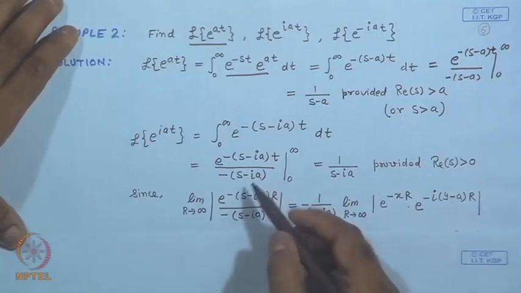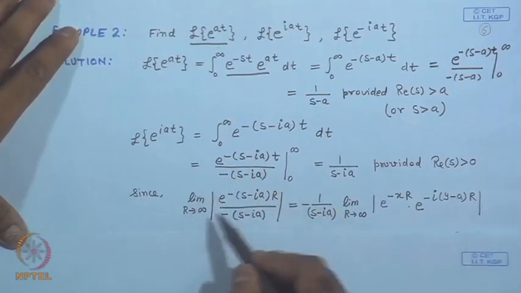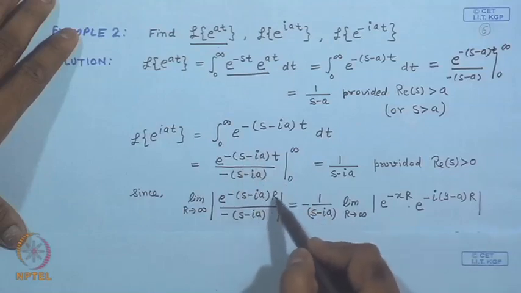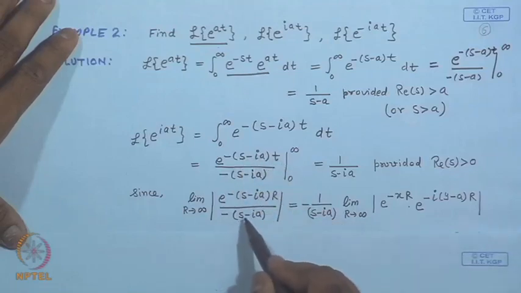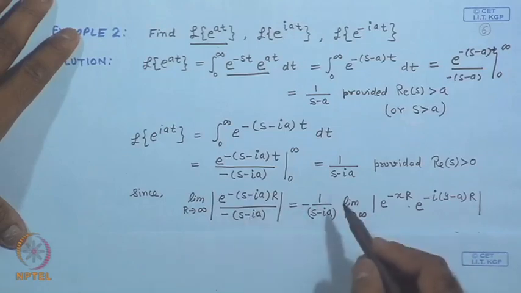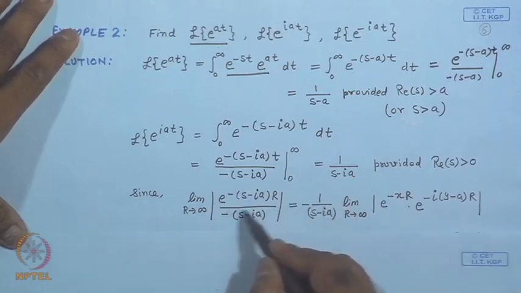But we can see this once again. So, the limit r to infinity of e power minus s minus i a r over minus s minus a, how this approaches 0. So, this is anyway independent of r.